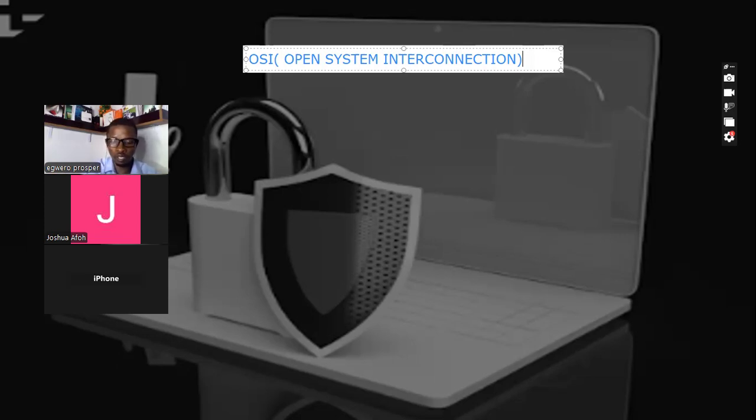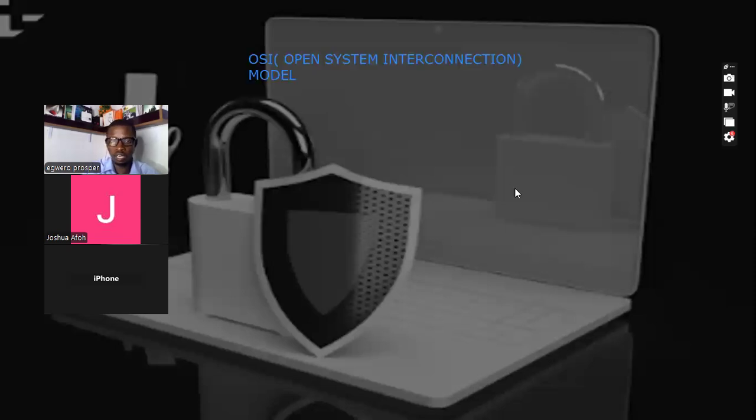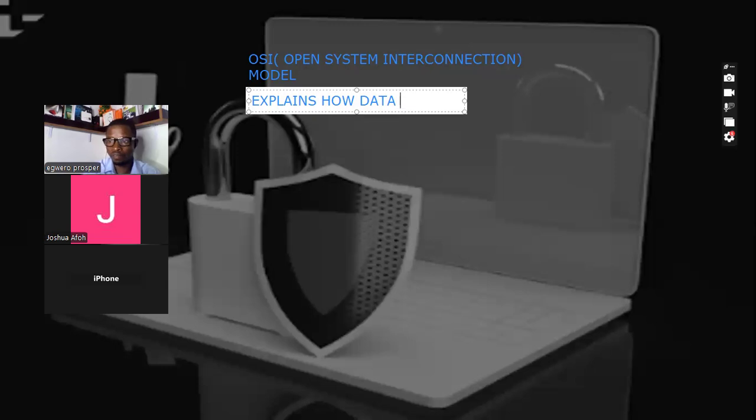So let me just define it. The OSI model explains how data moves from one computer to another through 7 layers.